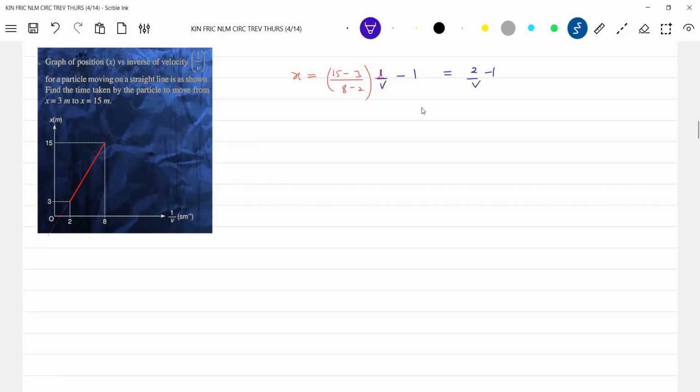So we know v equal to dx by dt. So let me differentiate this. It's asking for time, no? Okay, I should replace this one. x equals 2 dt by dx minus 1.